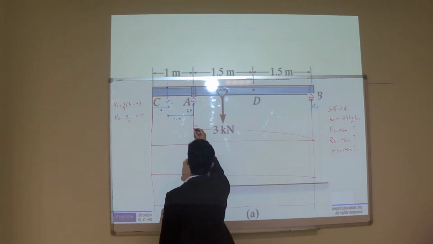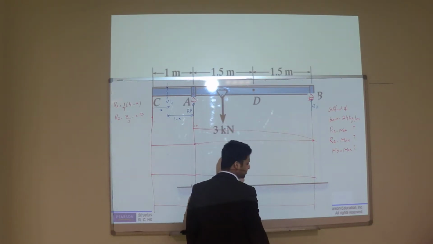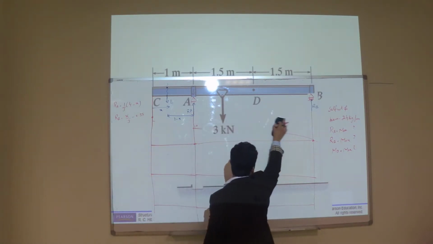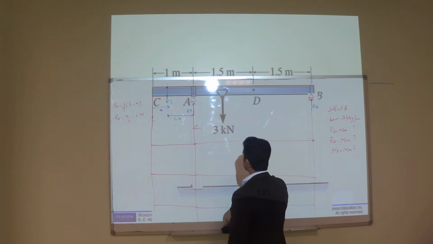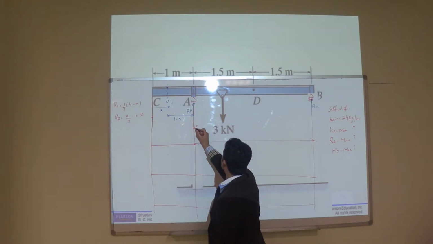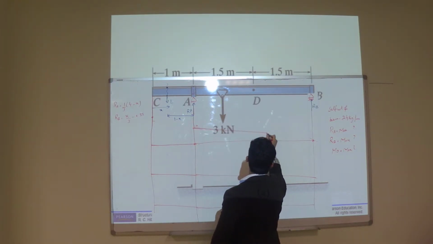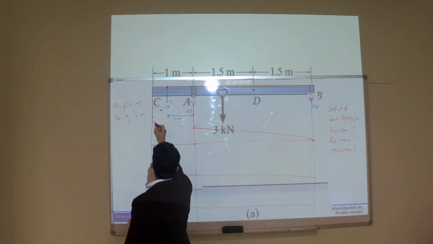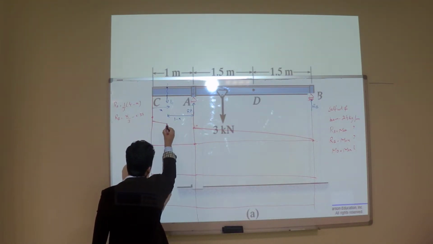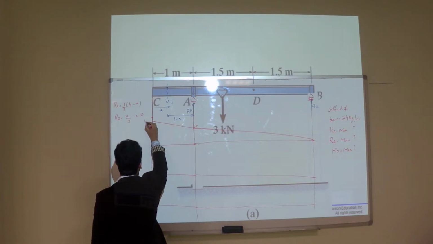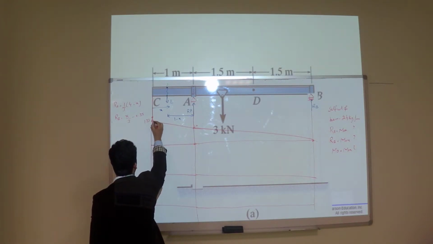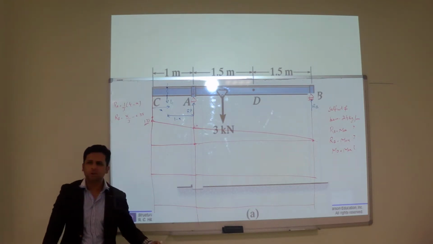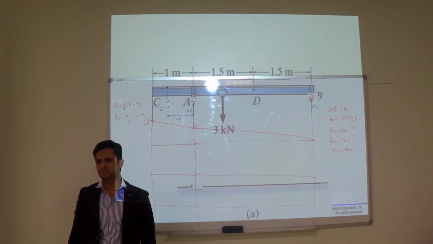Okay, don't confuse it with my drawing, because it's a little bit lengthy line and it looks like a curve. So it is 1. And here it will be 1.33. This point is how much? 1.33. This is the influence line diagram for RA. It's very quick without writing any function.